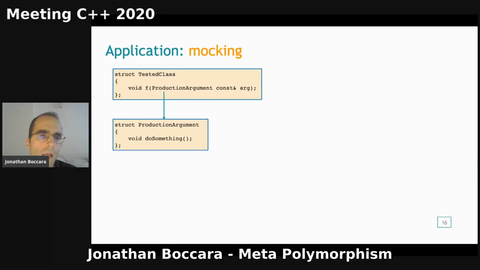So we've got the class we want to test. That's called Tested Class. It uses another class that's called Production Argument. And Production Argument is what we don't want in our test, because for some reason it's complicated, or it's slow to run, for example. The classical refactoring pattern to enable testing here is extract interface.